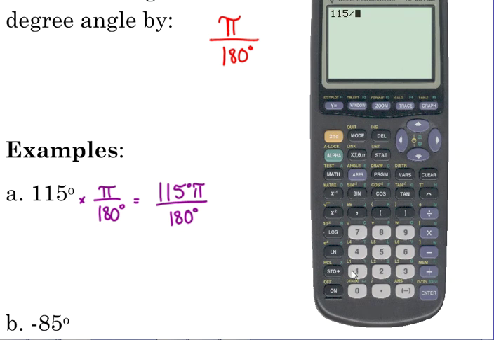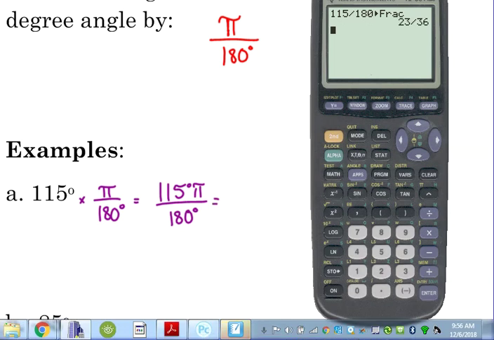Just put the 115 over 180. 95% of the time, it's always going to be a fraction, so you might as well go ahead and do math, enter. And that gives you your answer, 23 pi over 36. Okay, so 115 degrees is equivalent to 23 pi over 36 radians.